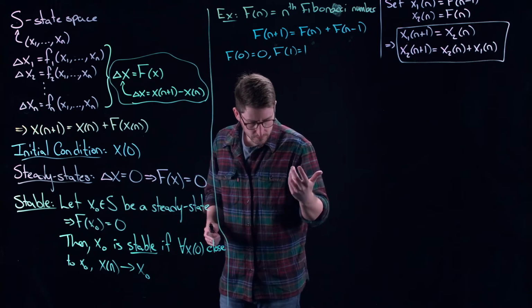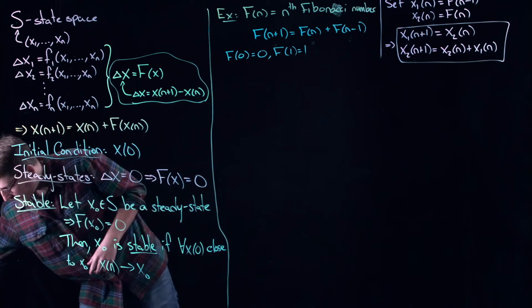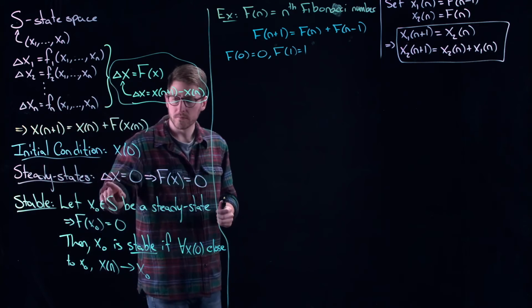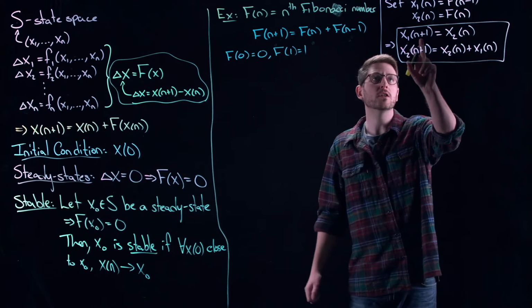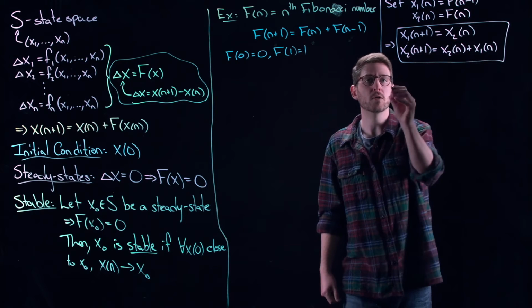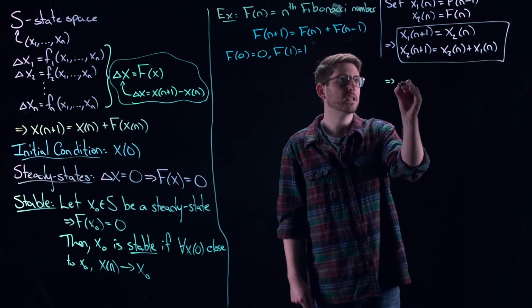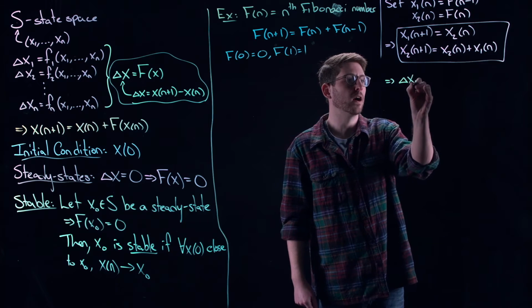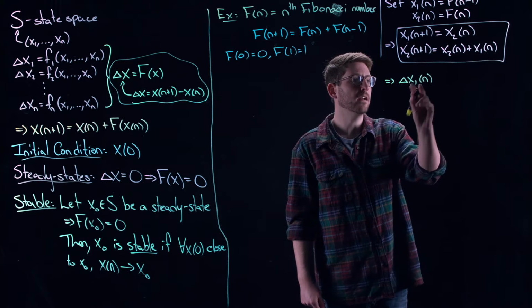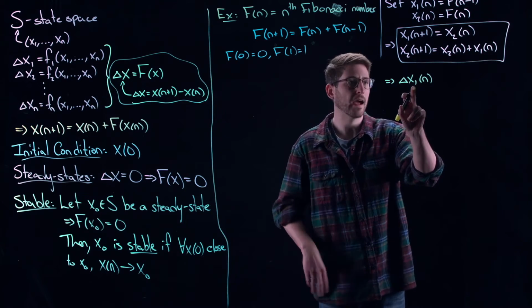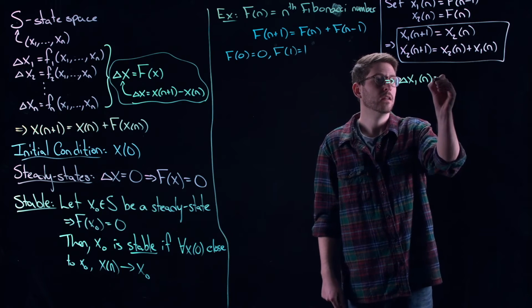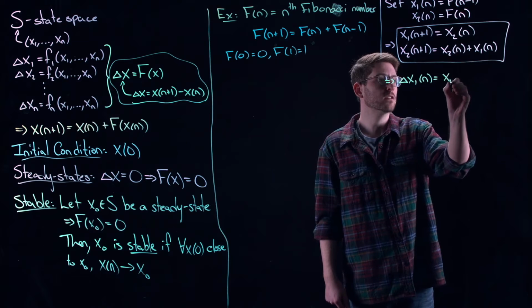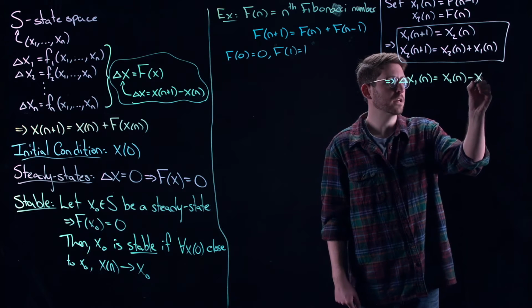Now, the other thing that we could do is write it in terms of this delta notation as well. All you need to do is subtract x1 from both sides here. So in this case, you would get delta x1 of n, which is x1 of n plus 1 minus x1 of n, equal to x2 of n minus x1 of n, right?